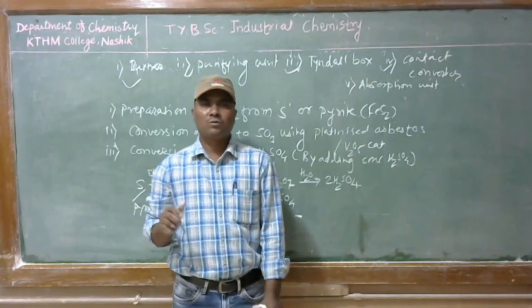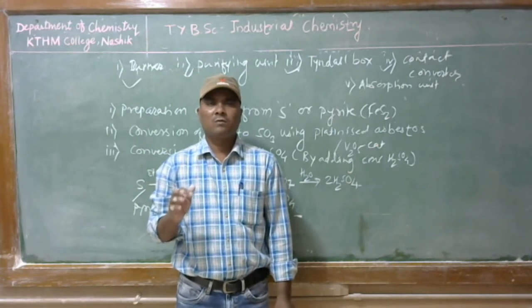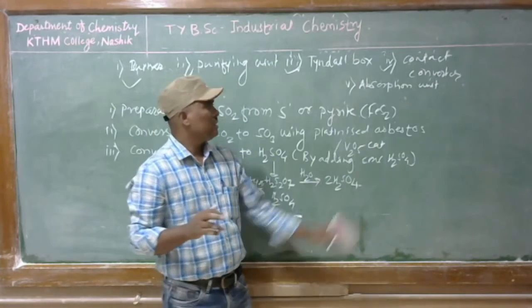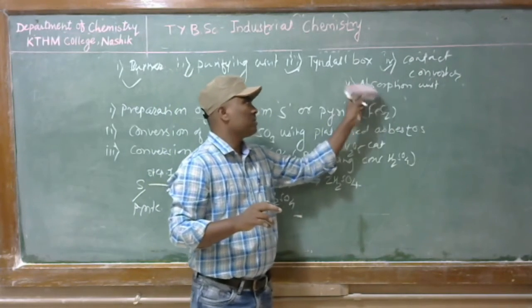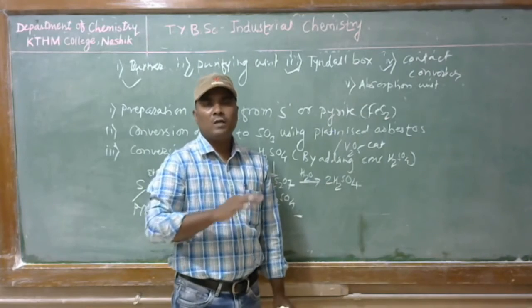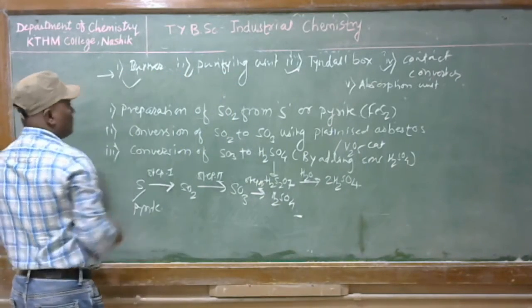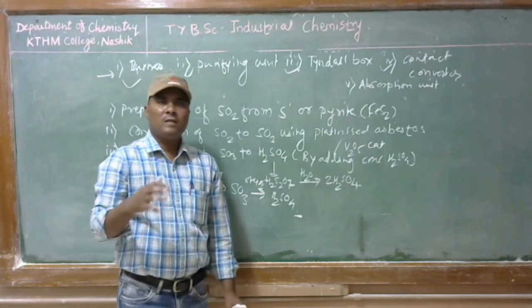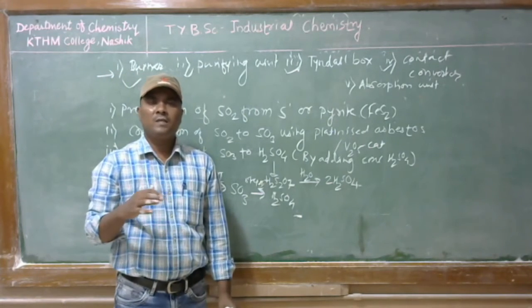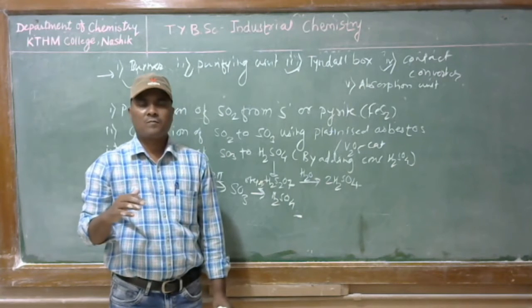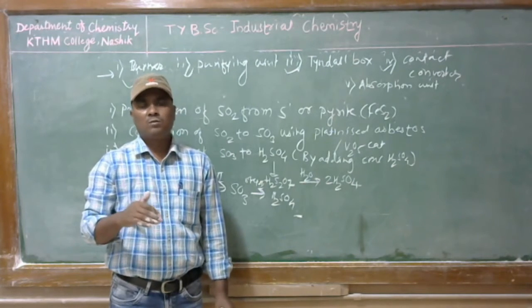Once SO2 to SO3 conversion happens, that SO3 is passed into the absorption unit. While doing all this, the percentage of air and SO2 from the burner is carefully maintained, because the flow of SO2 depends on the catalyst.